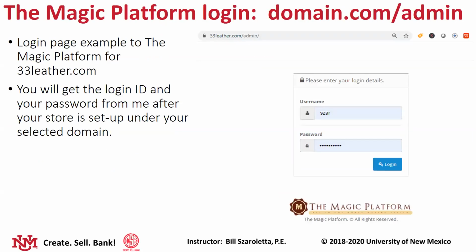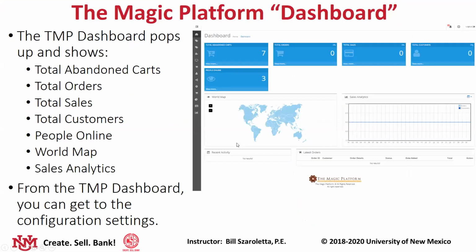Now, once your domain name is purchased, you'll get a login screen like this, and you go to whatever your domain is, .com/admin, and I will get you the login and the password, and so you can log in, and then the first thing you're going to see is this dashboard, and it pops up.